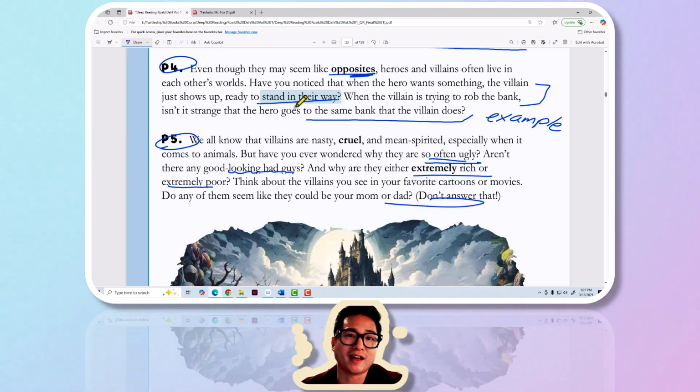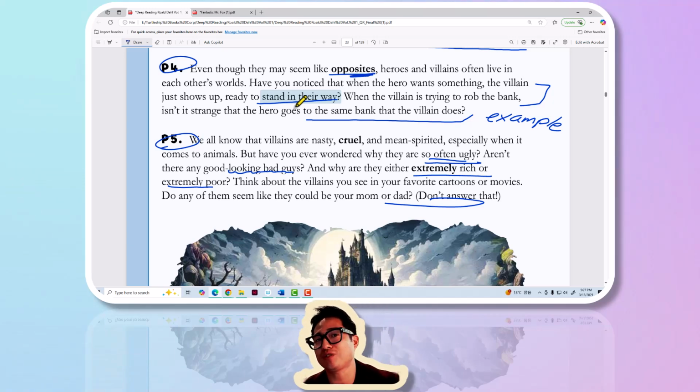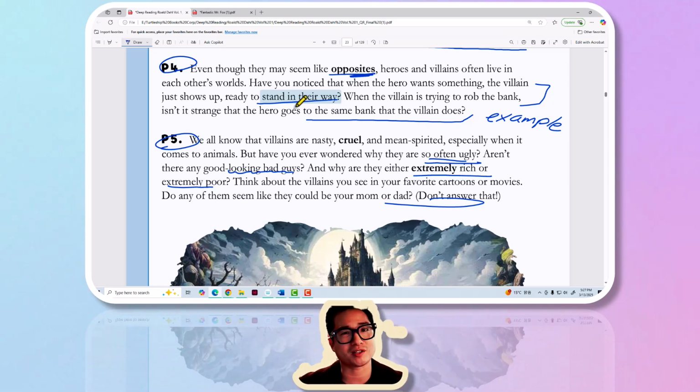Don't answer that! Okay, so hopefully you don't think your mom or dad is a villain, and you don't think that someone that is in your family could possibly want to take over the world. But what this paragraph is talking about is that villains never seem that normal, right? If we think about Boggis, Bunce, and Bean from Fantastic Mr. Fox, they don't seem like people that we would talk to in our everyday lives.